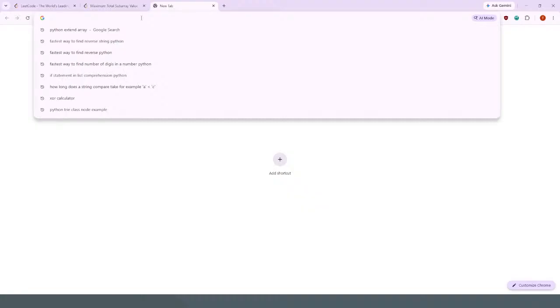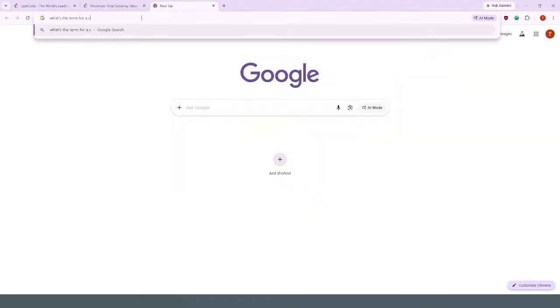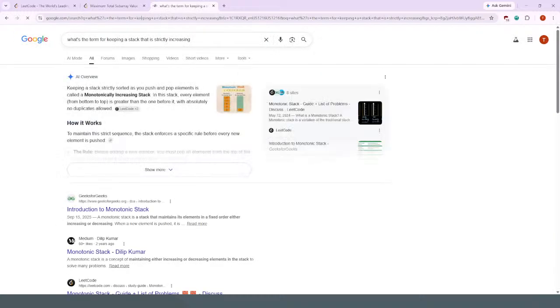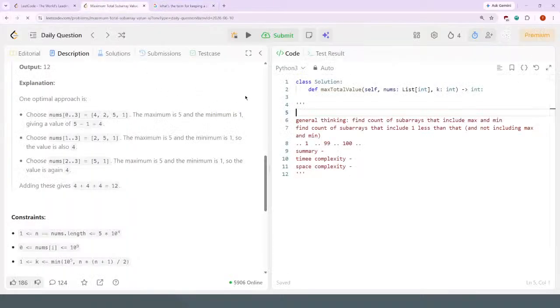What's the term for a stack that maintains an invariant, keeping a stack that is strictly increasing or decreasing? Monotonic. This feels like maybe a monotonic stack type problem.